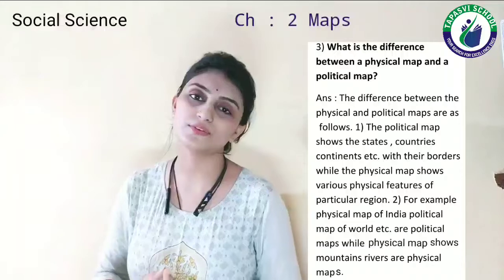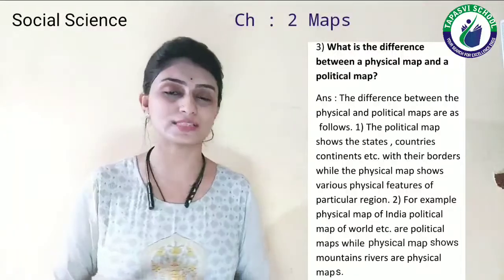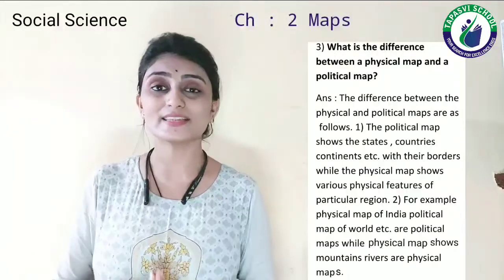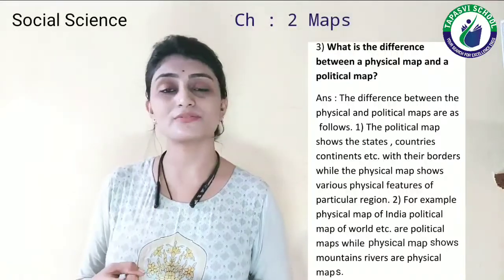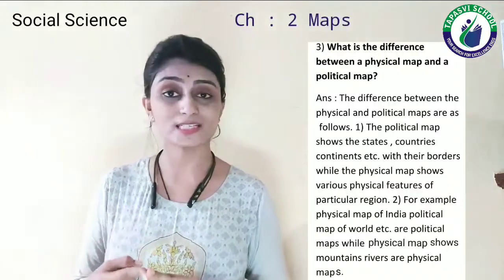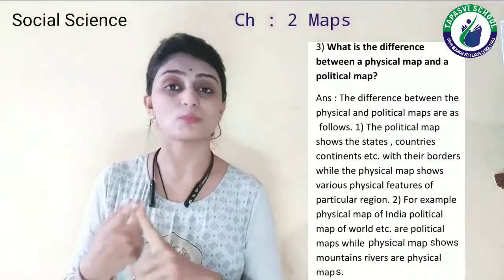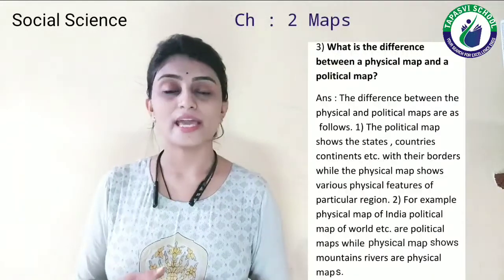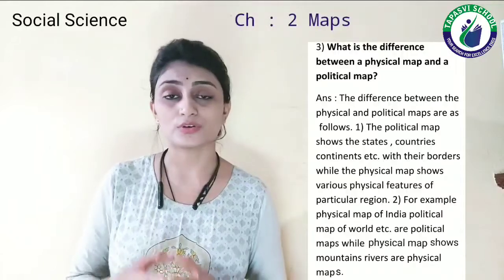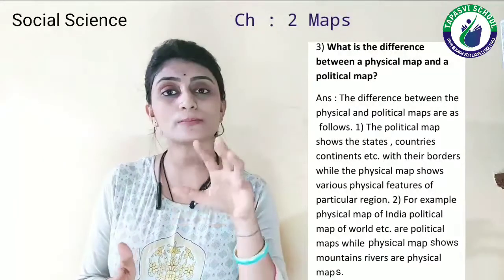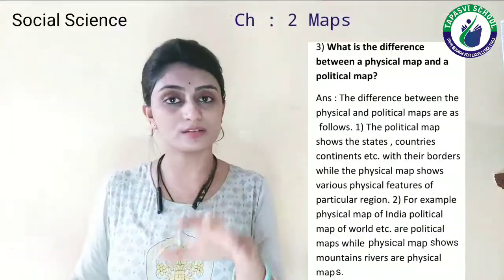Now, what is the difference between a political map and a physical map? A political map shows the state, district, and country with its border, and a physical map shows the particular features of a particular region.